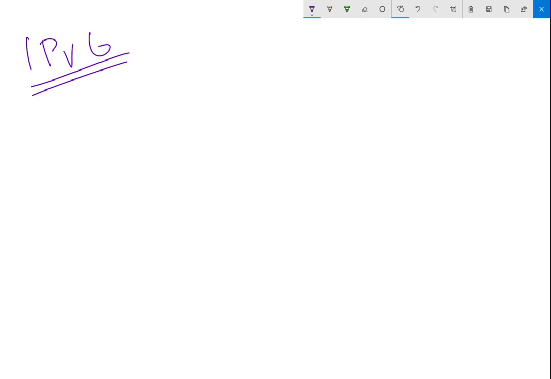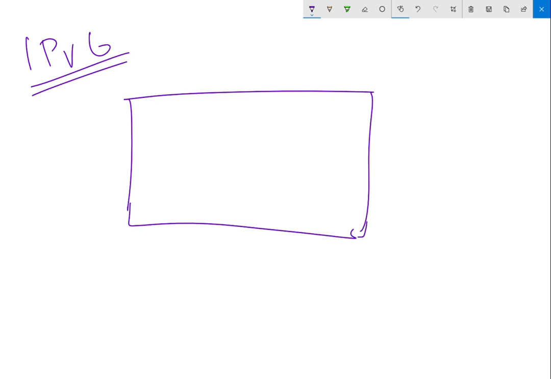There is a possibility in IP version 6. It has the basic header which will have the basic information. What basic information is required? It needs a source IP address, the destination IP address, and the version it is using. By default it is going to be IP version 6, isn't it?